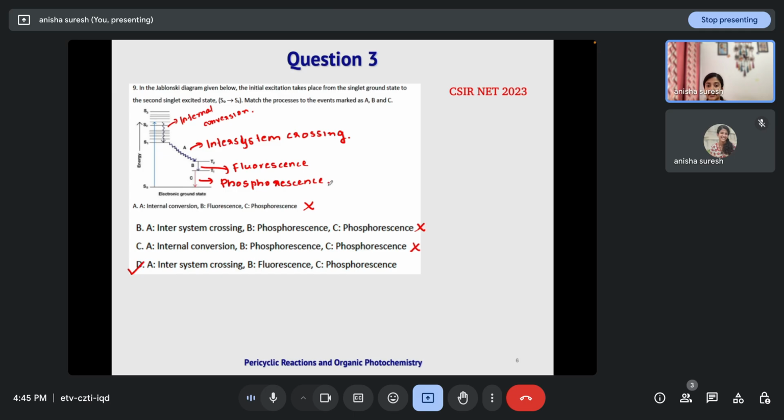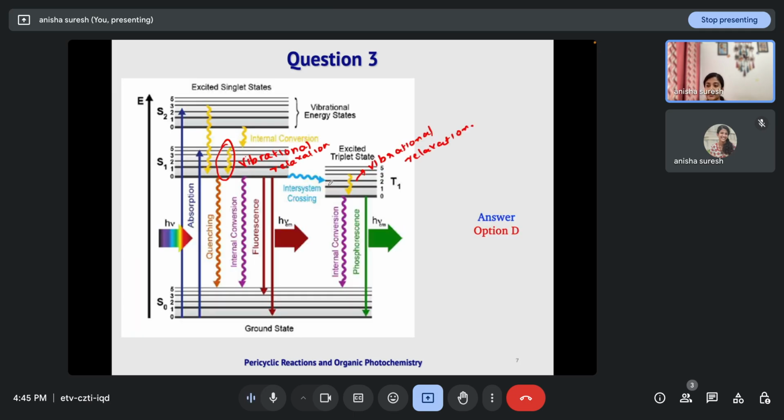If there are no doubts, then option D is the right answer for this question.